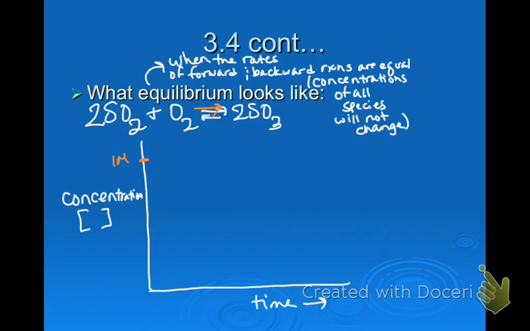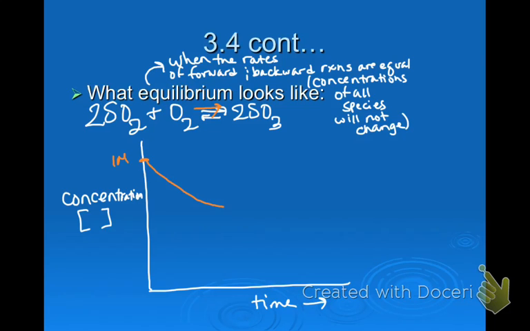So its amount is going to drop off, and the rate at which that reaction goes is going to slow down. Remember, it's getting used up, so there's not going to be as much around to collide with oxygen correctly.